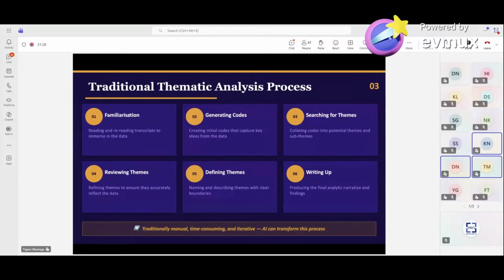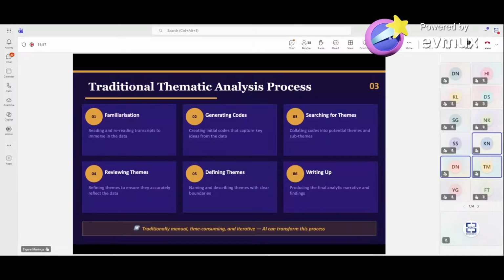So, drawing on the Braun and Clarke thematic analysis approach that was first put down in 2006, there are different stages to producing your findings and analysis, whether you're writing an article or doing the findings section for your PhD, master's or honours.